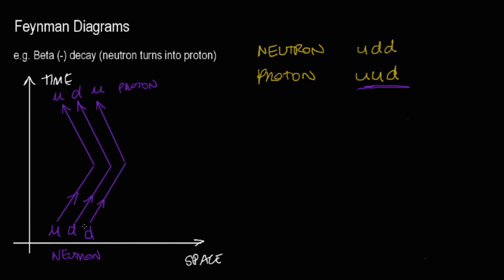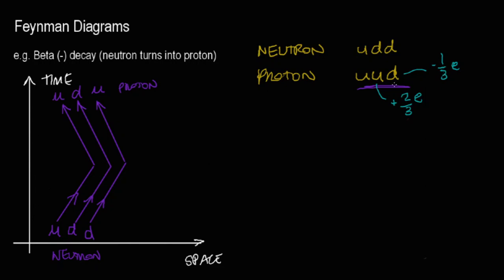Now, since this down quark turns into an up quark, there will be some negative charge just vanishing. Take a look at the properties of a down quark and an up quark. The up quark has a charge of plus 2/3 of an electron, whereas the down quark has a charge of negative 1/3 the charge of an electron, or the elementary charge, right?